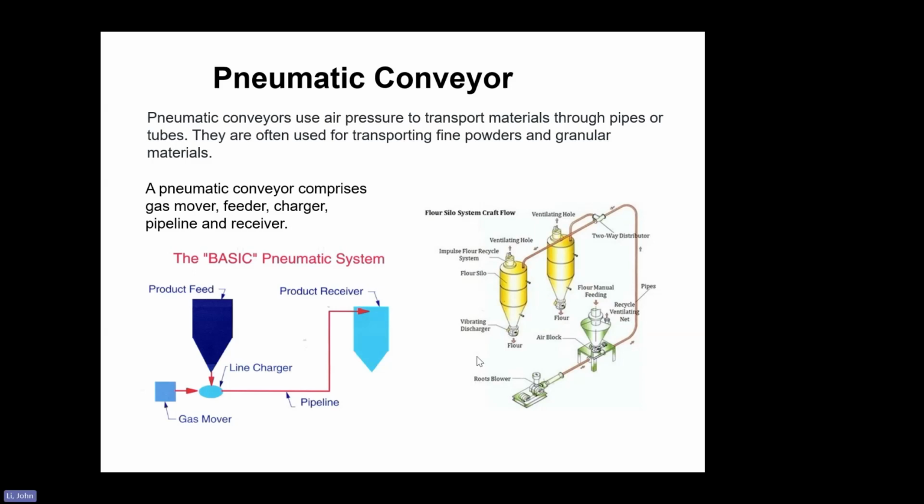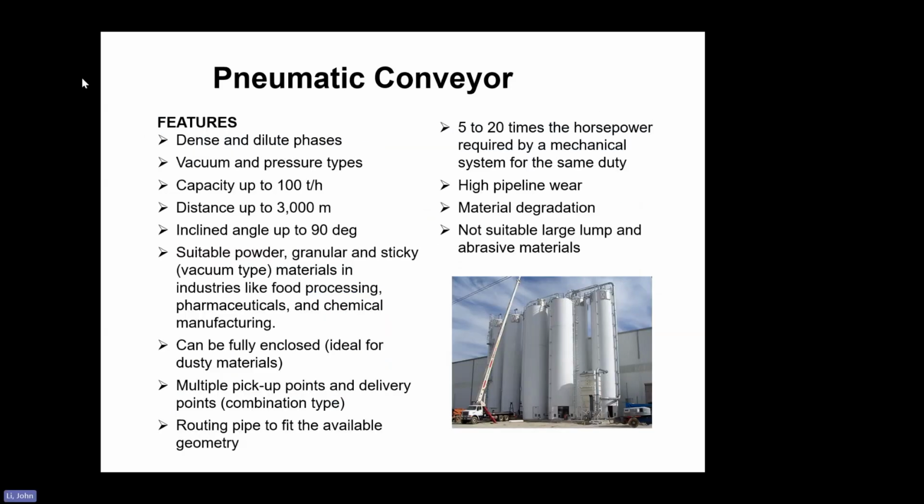And also, I will show here, the pneumatic conveyor has different types, dense or dilute phase. Dense means there will be lots of materials filling inside the pipe, almost 100%, and it moves very slowly.